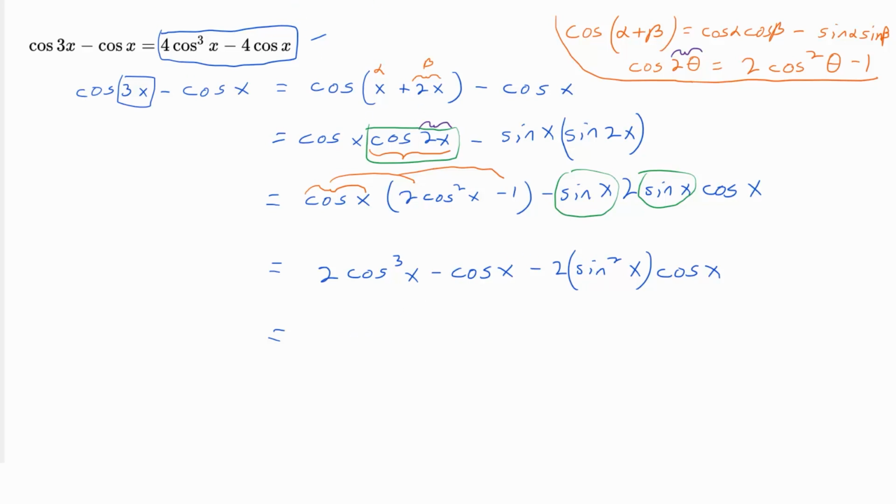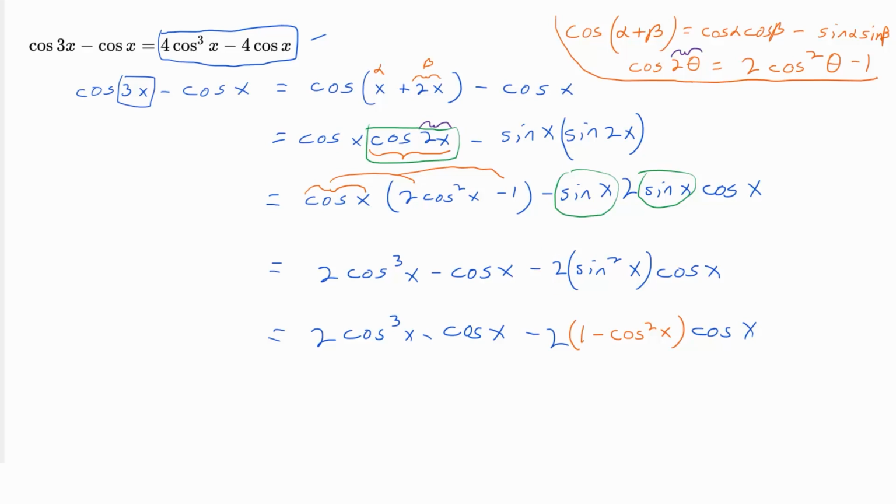So I'm going to replace this guy right here with 1 minus cosine squared x. And then all of this will stay the same, cosine cubed x minus cosine x. And then we still have the minus 2 and the cosine x outside these parentheses.